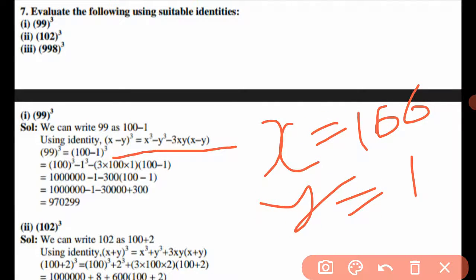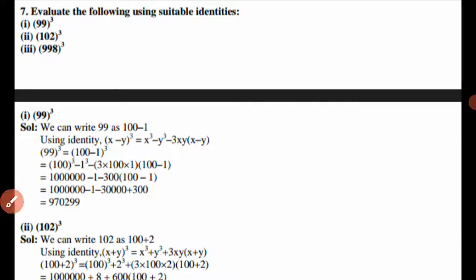So by putting the values of x equals 100 and y equals 1, its value will be equal to 970299.